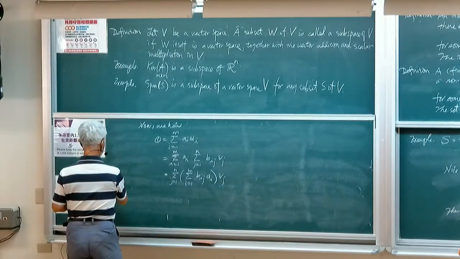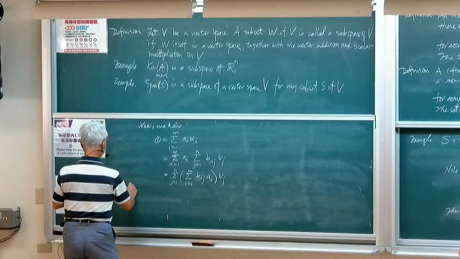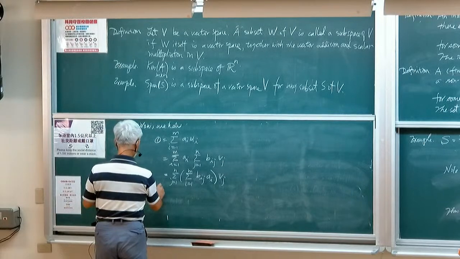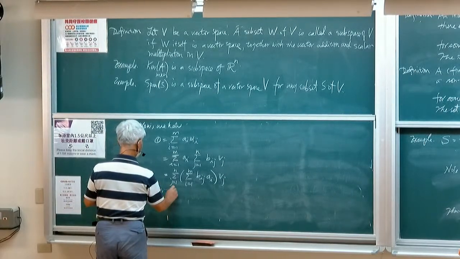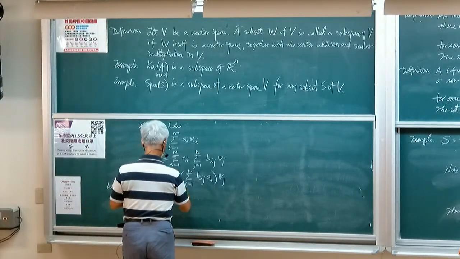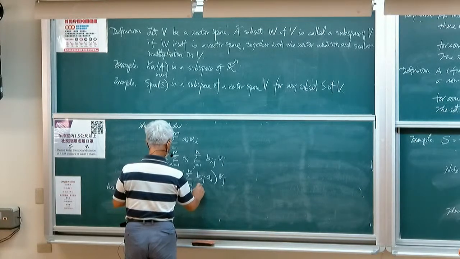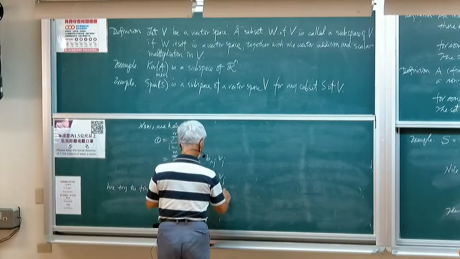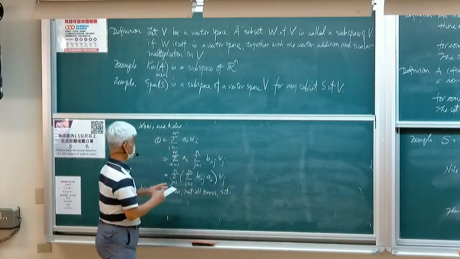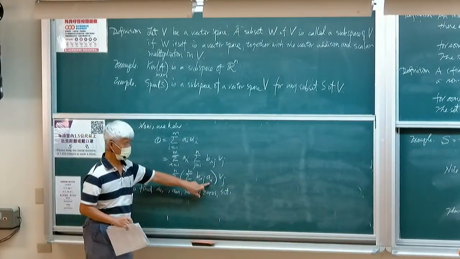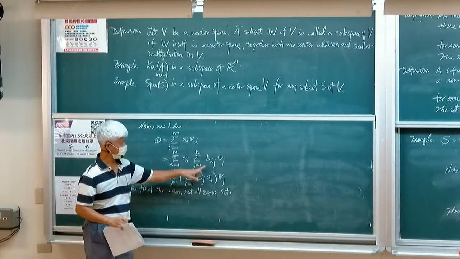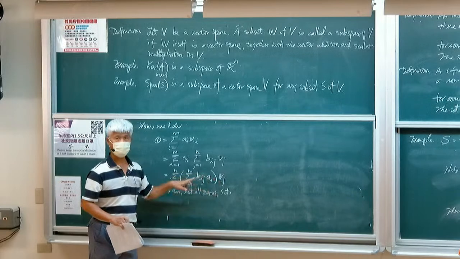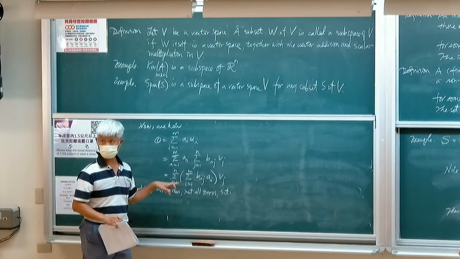So we will try to find a1 up to am, not all zeros, such that the coefficient of v_j is 0 for all j.